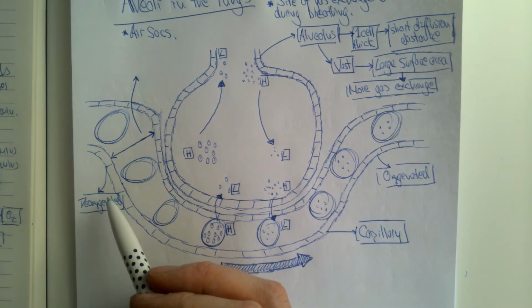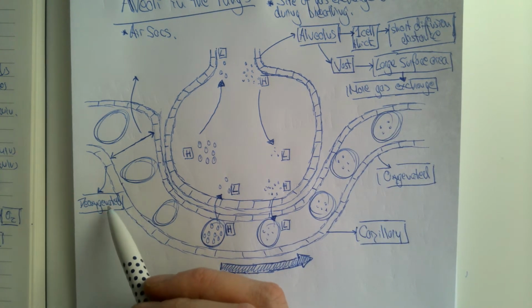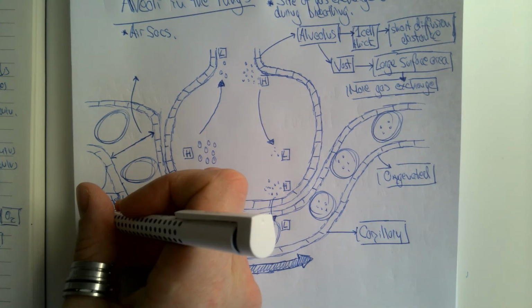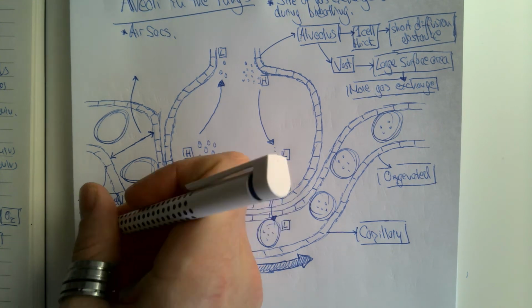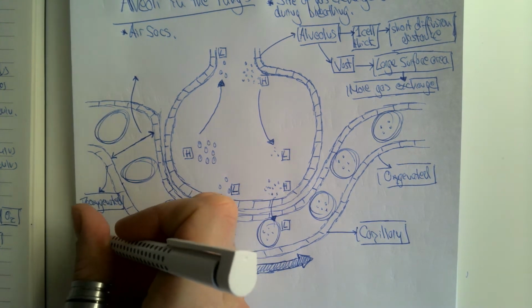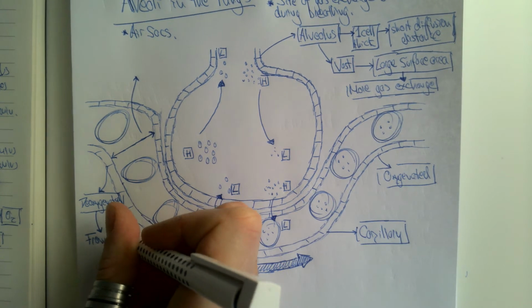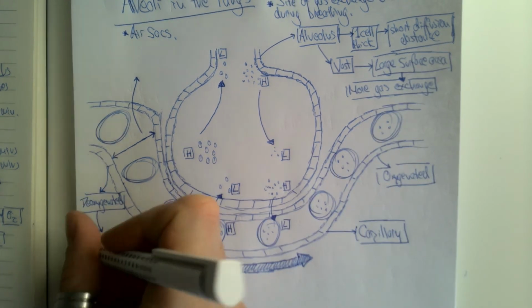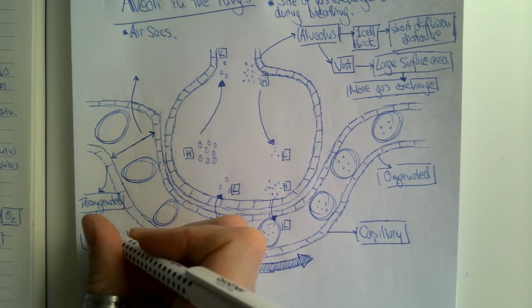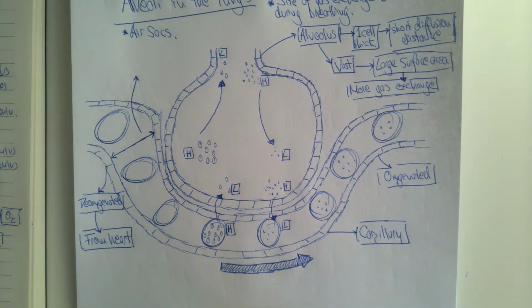So blood that is coming into the lungs is deoxygenated because it's coming from the heart to be replenished with oxygen to return to the heart in order for the blood to then be transported around the body.